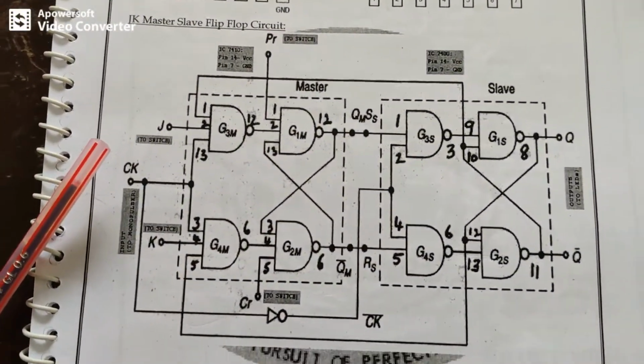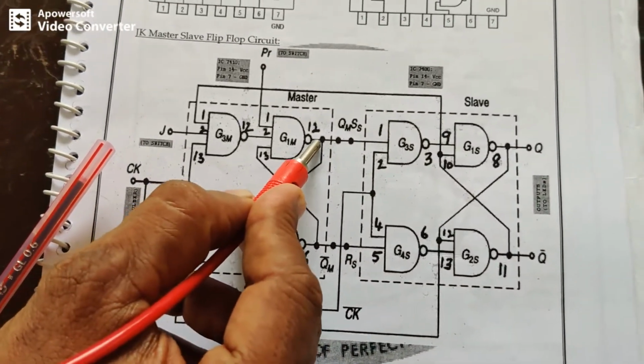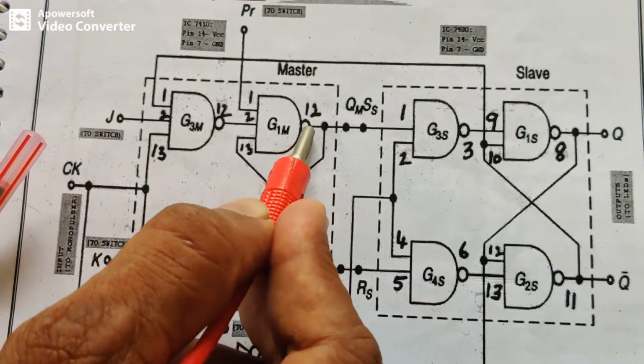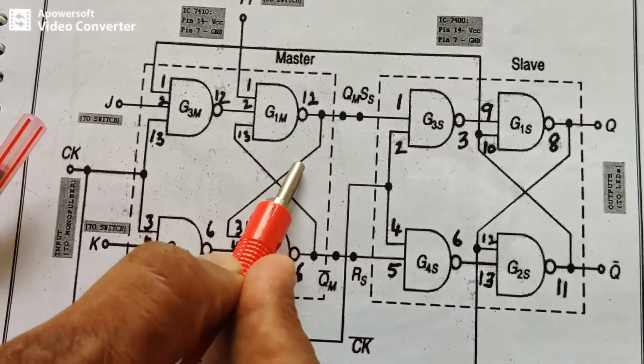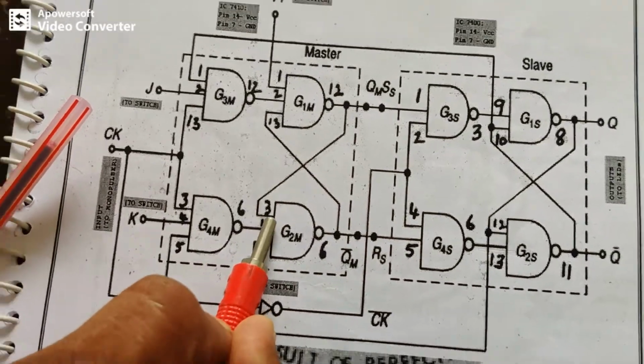Now here also you can see the feedback is there. Pin number 12 of the second IC goes to pin number 3 of the second IC.